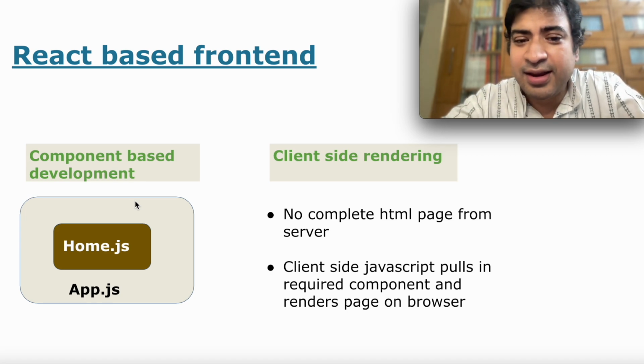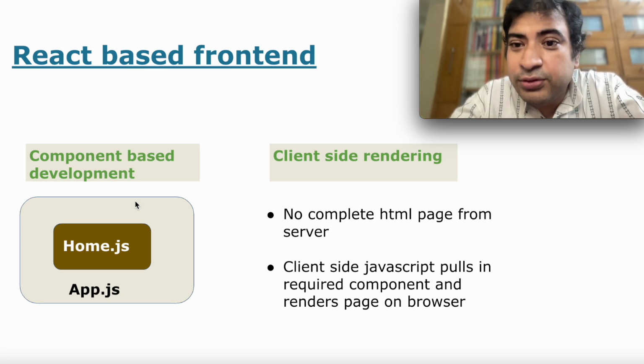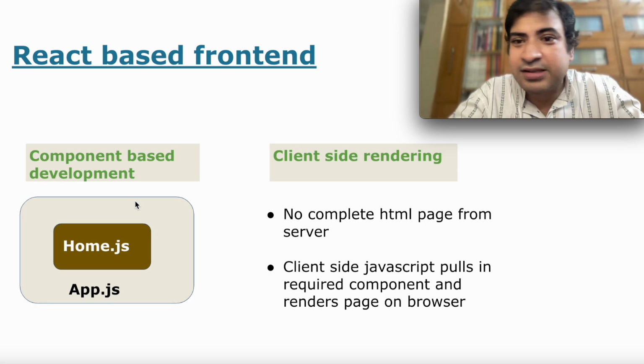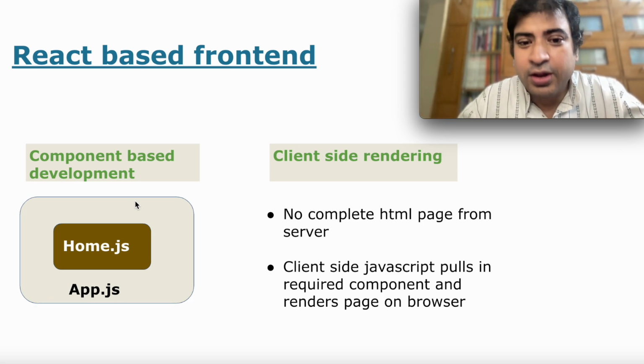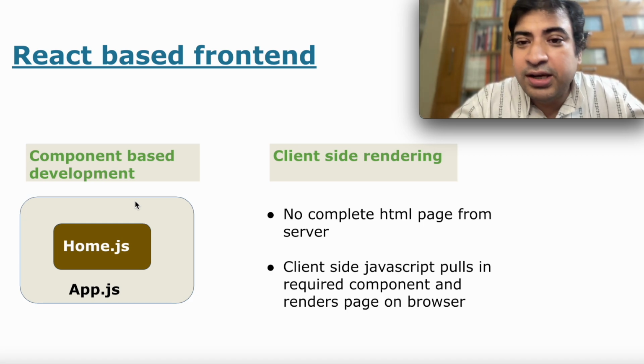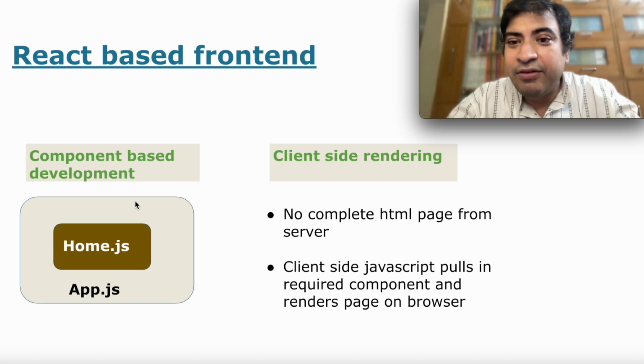And the second thing is it is actually based on client-side rendering, which means that if you do a view source of the page, you cannot see the HTML for that input type equal to text button. You cannot see any of them, because React at runtime, the React JavaScript, downloads everything and shows it on the browser. It does the rendering on the browser.